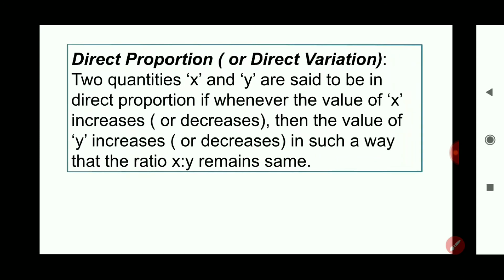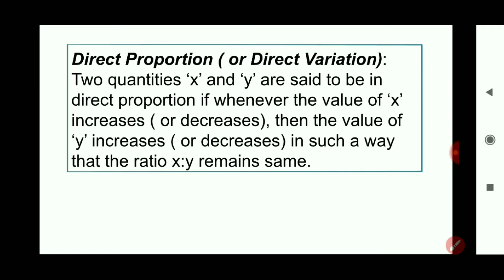Now, what is a direct proportion or direct variation? Two quantities x and y are said to be in direct proportion if whenever the value of x increases, then the value of y increases in such a way that the ratio of x to y remains the same.